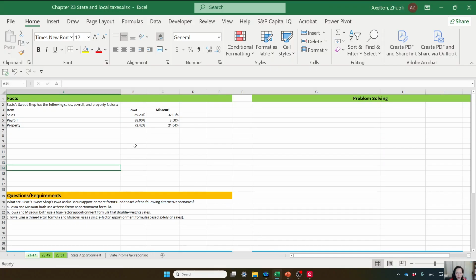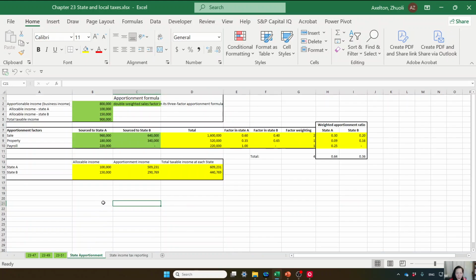From a calculation perspective, when you look at the homework, it really surrounds the issues about state apportionment. How do we apply the apportionment formula to determine the taxable income at each state?